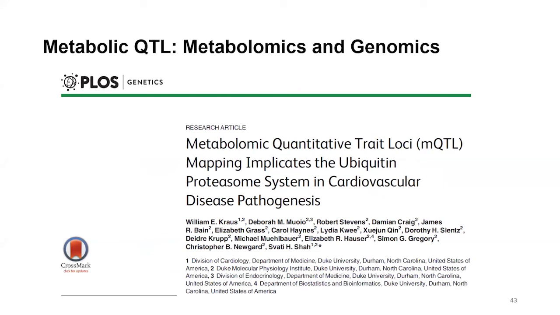This is one of the first ones, again, done by the group at Duke, led by Swati Shah. This is a follow-up to the data I showed you earlier, where, when she looked at people who have a high risk of recurrent cardiovascular events, their acylcarnitine profile showed accumulation of these dicarboxyl acylcarnitines. At the same time that they were taking blood for metabolomics, they took blood and did genomic analysis.